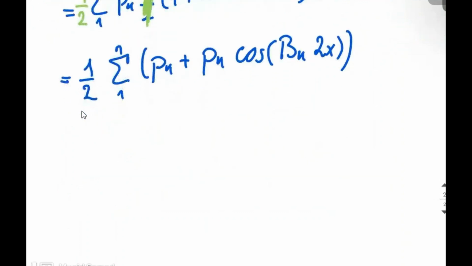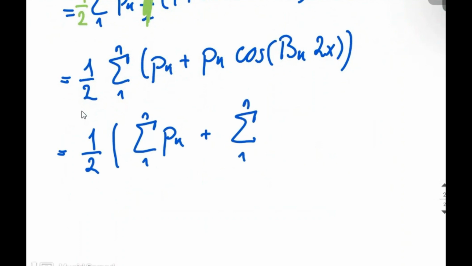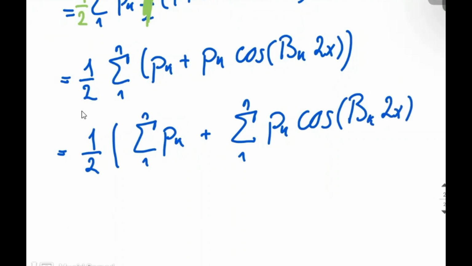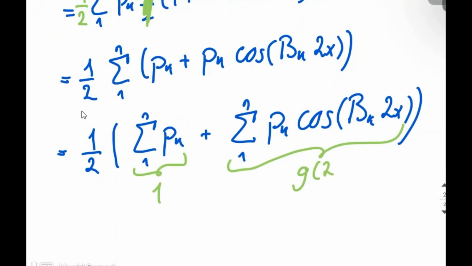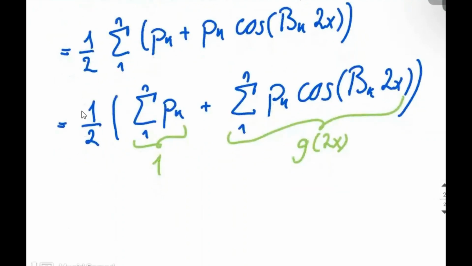What we want to do now is split our summation. So we have one summation for the pk's from 1 to n plus the summation from 1 to n of pk times cosine of beta k 2x. Well, and from our condition, we know that this here becomes 1, and this here is actually g of 2x, just like the g function evaluated at the point 2x instead of x.